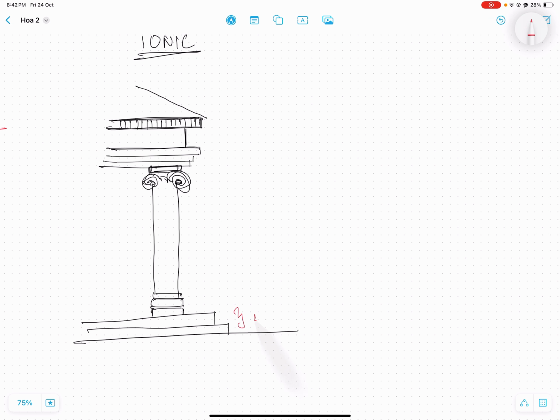We have our crepidoma, our base, our shaft, our volutes. The scrolls are called volutes.